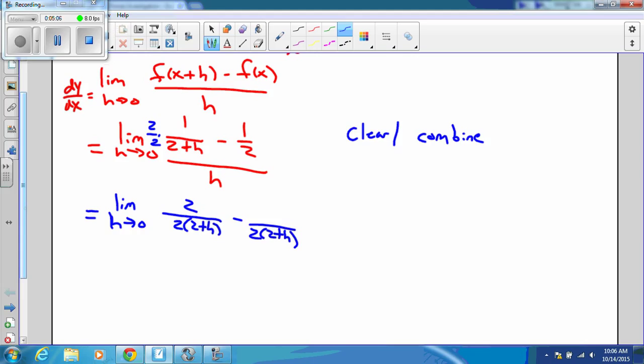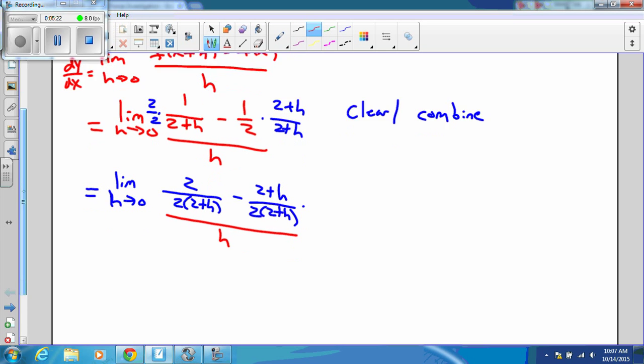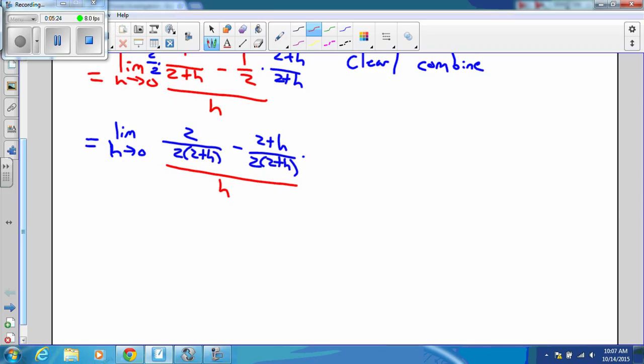See, same value when I cancel. And likewise, I'm going to multiply top and bottom here by 2 plus h, which is again multiplying by 1, so that the value does not change. And then the h down here stays where it is. Now something lovely happens. I get 2 minus h, or 2 minus quantity 2 plus h.